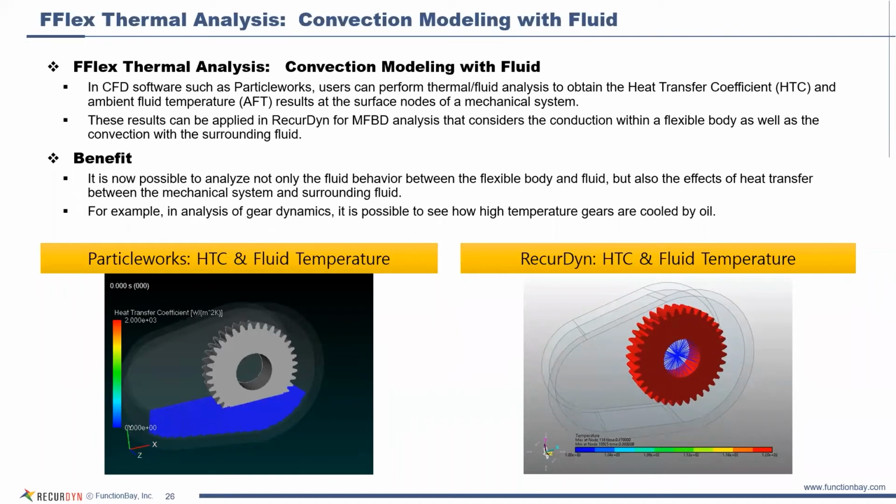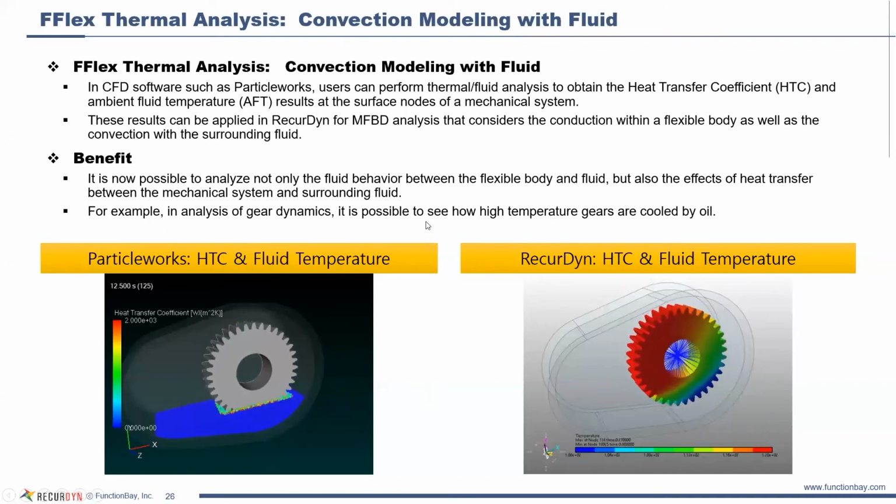Once you have those results, they can be applied into the RecurDyn simulation, and that will allow the simulation to consider both the conduction within the flexible body as well as the convection with the surrounding fluid. We would first start out with the ParticleWorks simulation on the left, calculating the heat transfer coefficient. Then we bring those results into RecurDyn, and this is a contour plot of temperature, where we can see how this particular body is being cooled by the fluid.